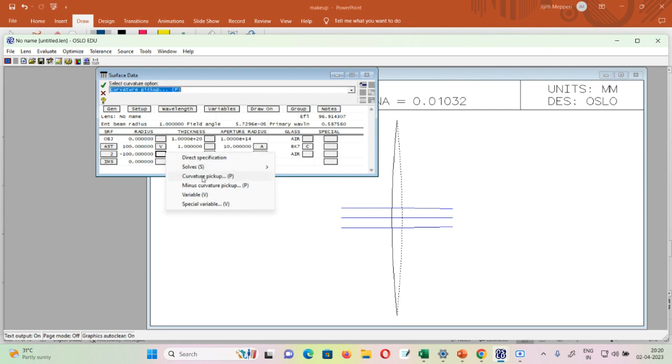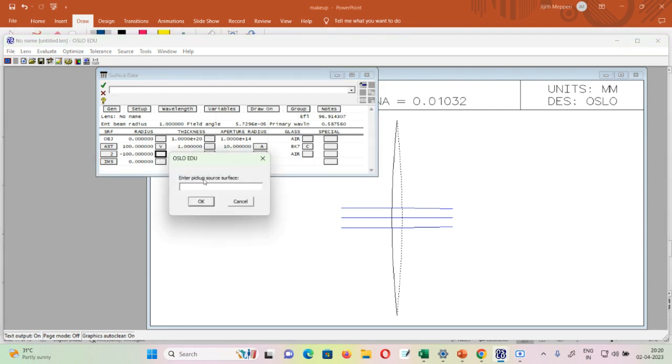So I can use a curvature pickup, such that I enter pickup from the surface. The surface is 1. So pickup constant, pickup multiplier I'll put.